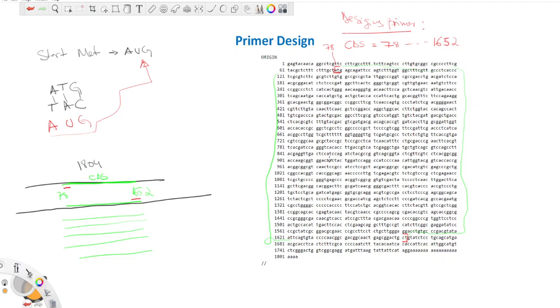So how do we go about it? We said that the first thing that we need to pay attention to is the length of your primer. Talking about the length of the primer, I would just make a decision for all of us in this tutorial to go with about 20 base pairs, upstream and downstream.